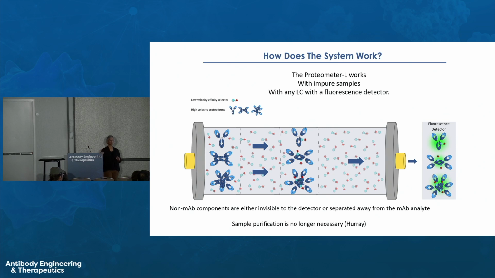And here, it also has to bind the affinity selector or the molecular recognition agent, which is the third phase. The Proteometer-L works with impure samples, with any LC with a fluorescence detector. And the best of all is no sample purification is necessary. And if you're an analyst, you'll say, that is awesome.